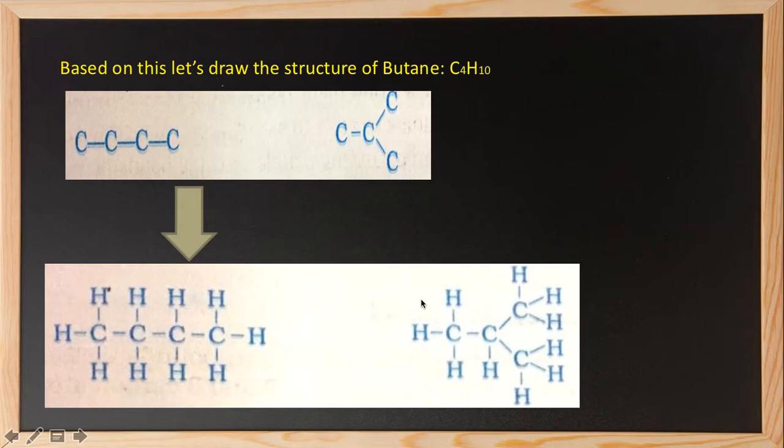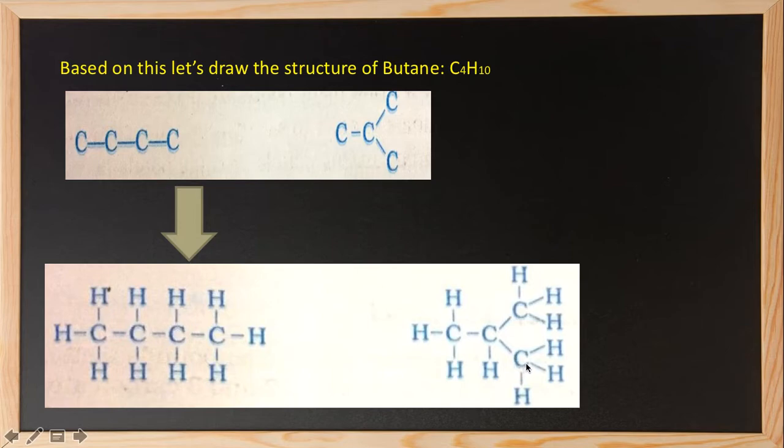The same here. This carbon will have 1, 2, 3 hydrogens. And this carbon will just have 1 hydrogen. Why? Because it is attached with this carbon, this carbon, this carbon. So already 3 are fulfilled. The remaining 1 will be here; hydrogen will be attached. Now these carbons are left.